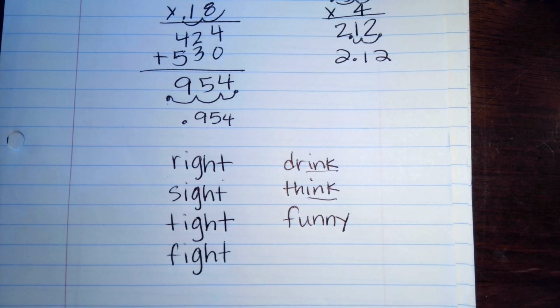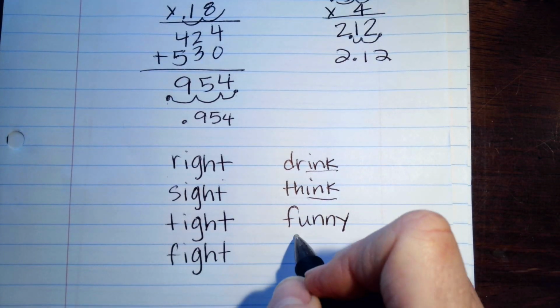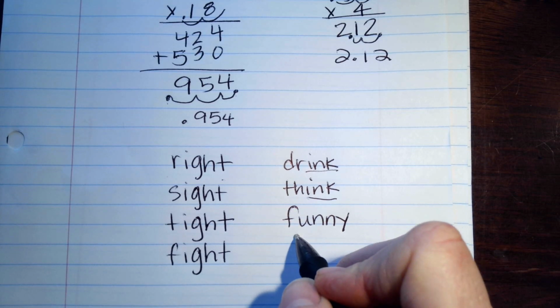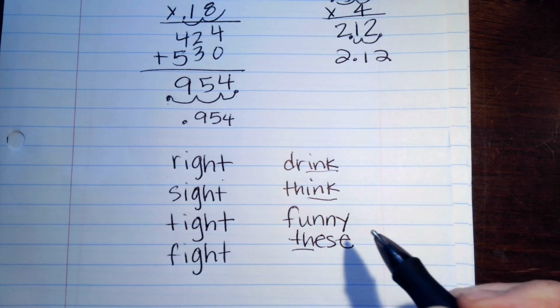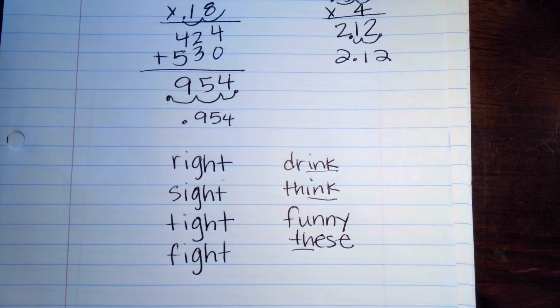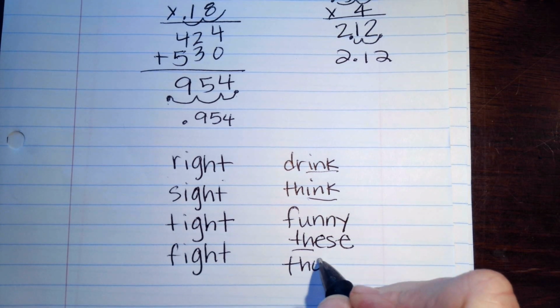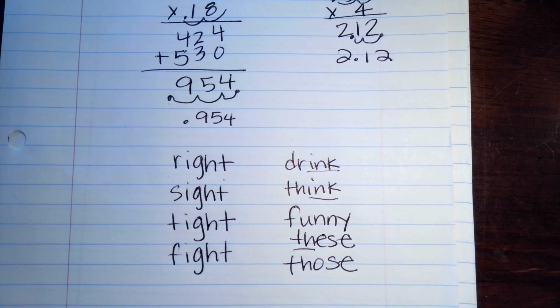Funny has 2 N's in it. This one is TH makes th and the E makes the E say its name. These, and then its cousin is those.